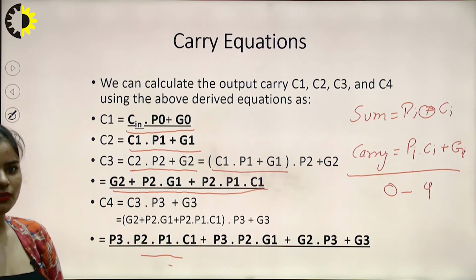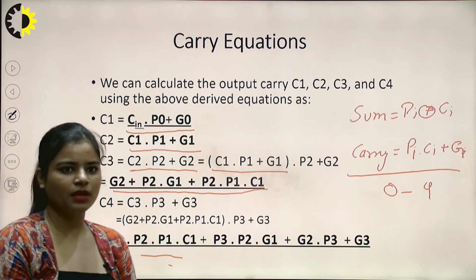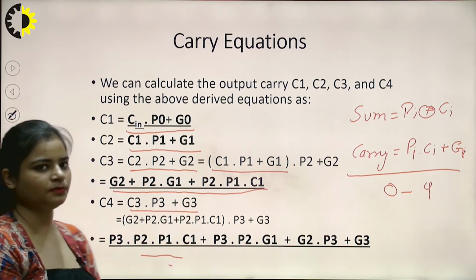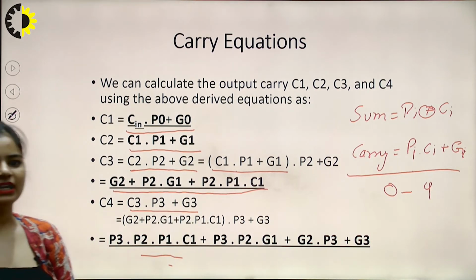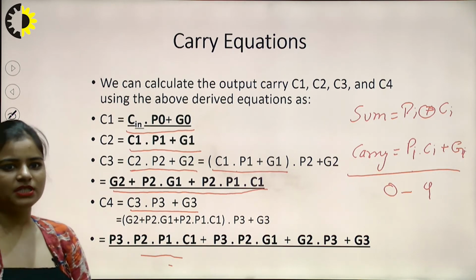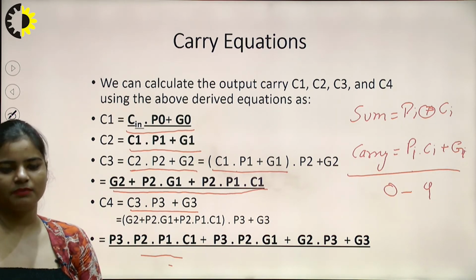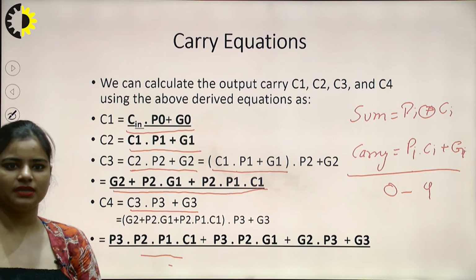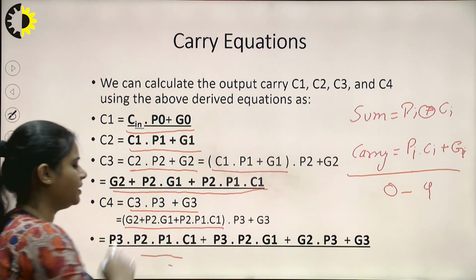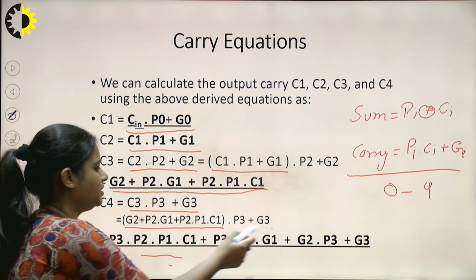Again, for getting the output for C4, we have C3 dot P3 plus G3. We put the value of C3 in this equation. The value of C3 would be G2 plus P2 dot G1 plus P2 dot P1 dot C1. We put the value of C3 here, and again P3, G3.